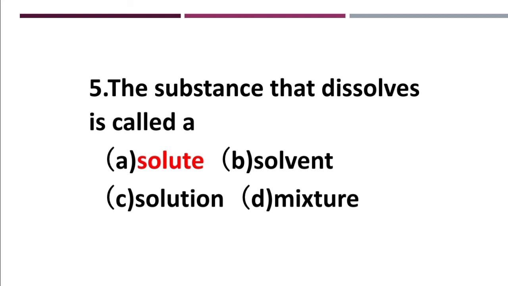Options are A, solute, B, solvent, option C, solution, and option D, mixture. So here answer is option A, solute, because it is the substance that dissolves, while solvent is the substance in which solute is dissolved, and solution is a mixture of solute and solvent. So here answer is solute.